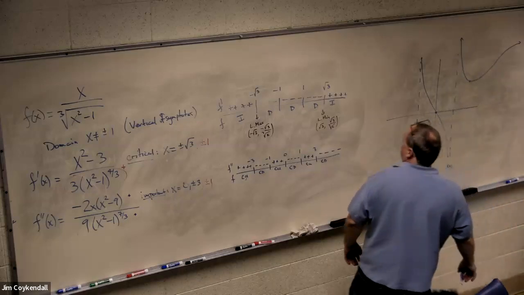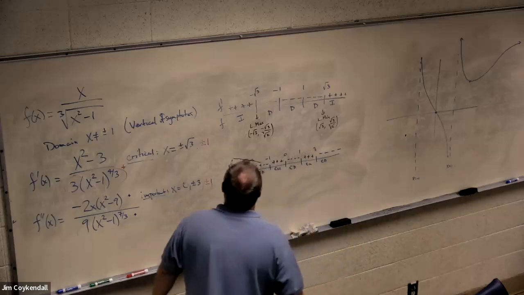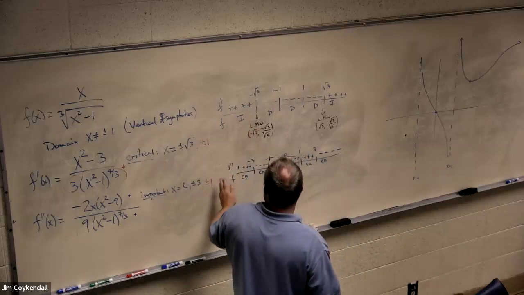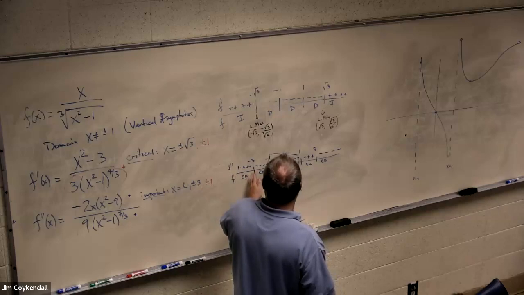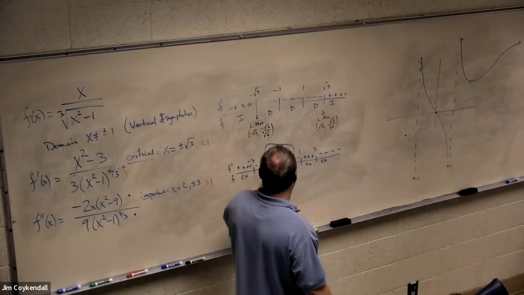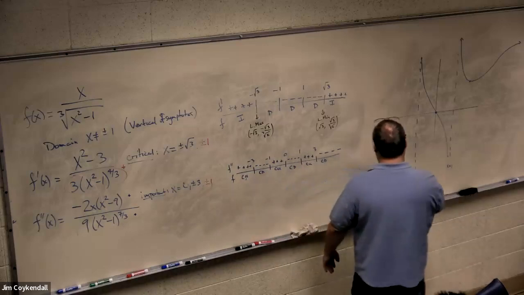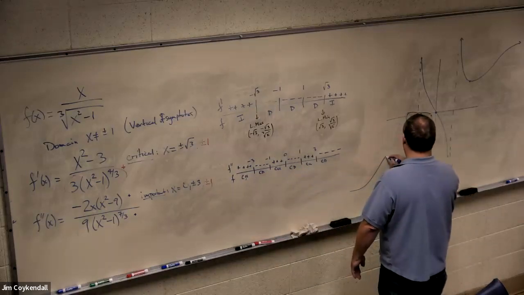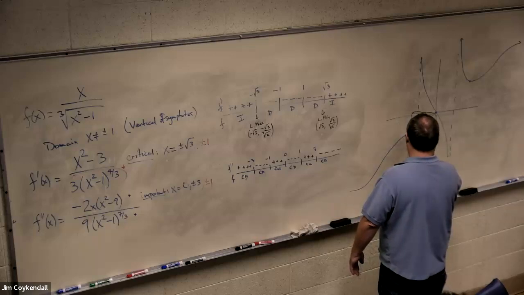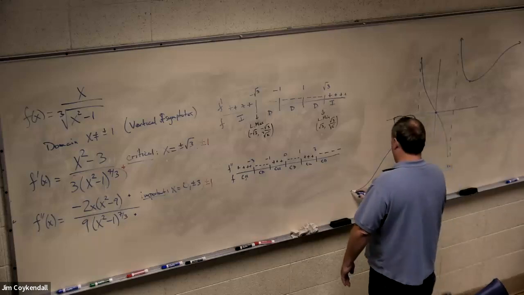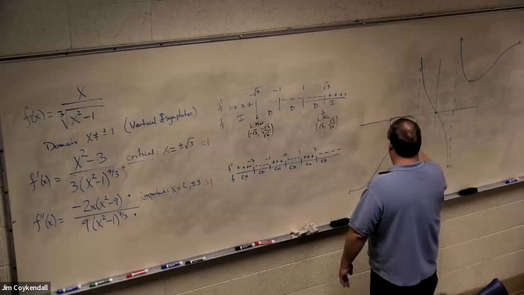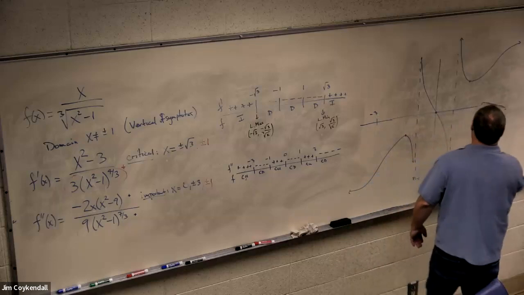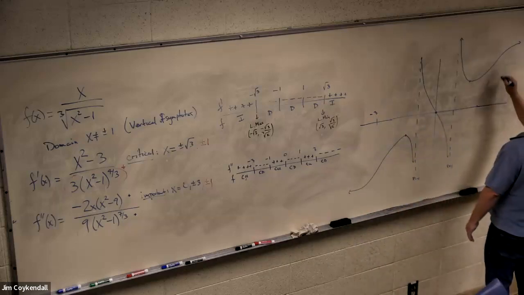I guess we're kind of mirroring this thing here. It increases and it's concave up, smiling, until maybe 3, then it's concave down. The scale isn't very good for the concavity change part of it here.